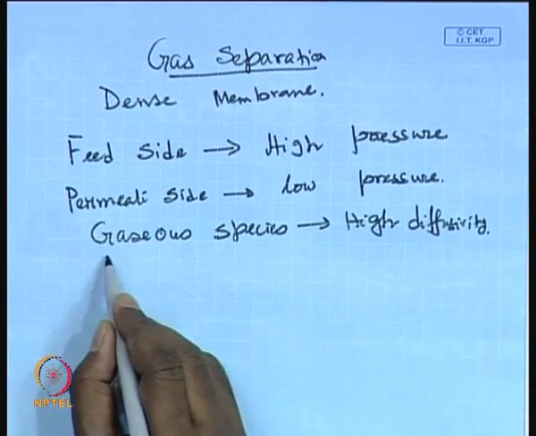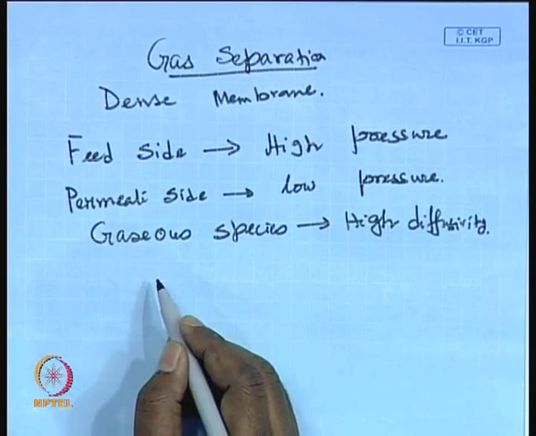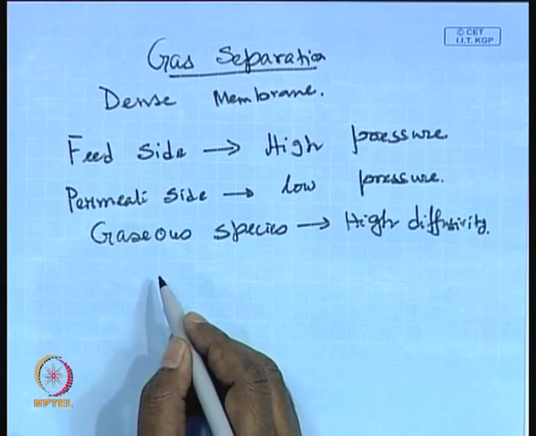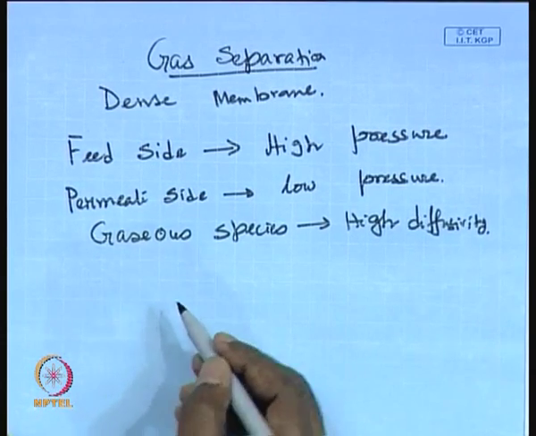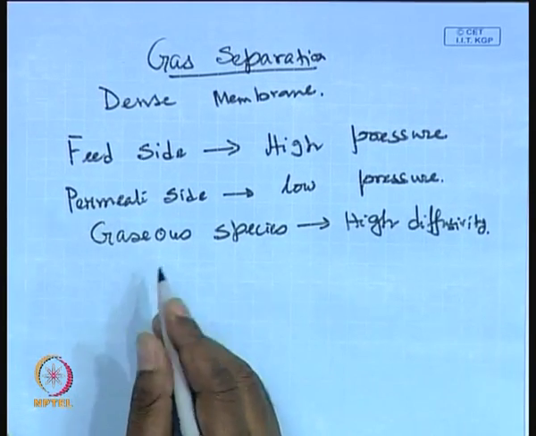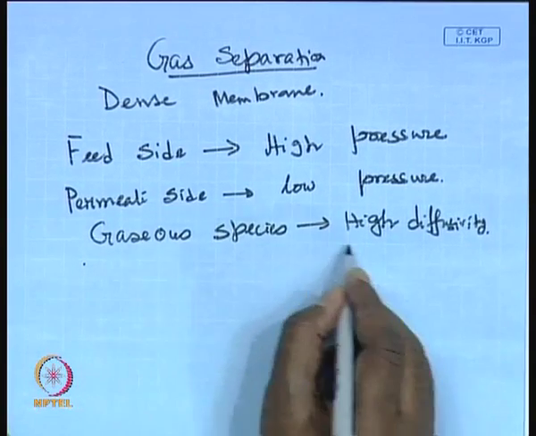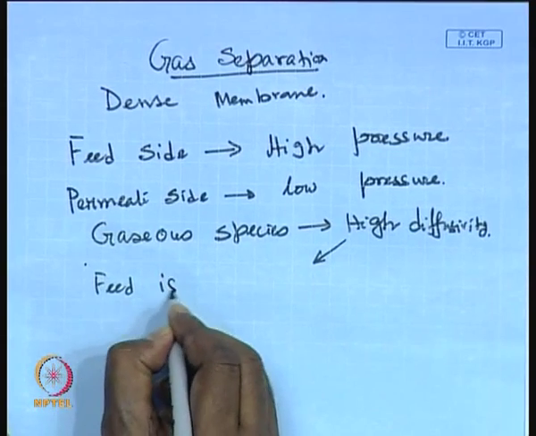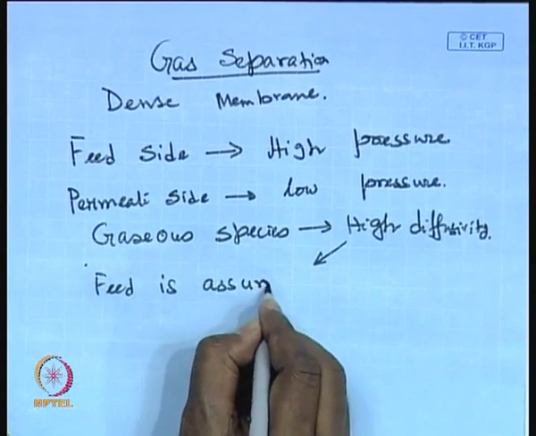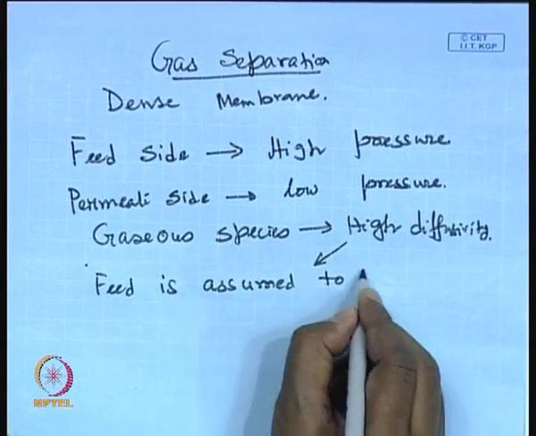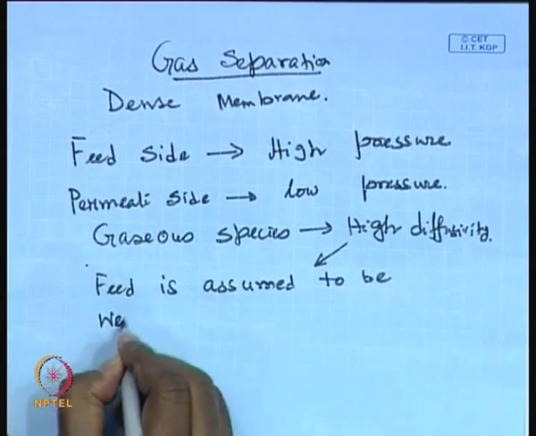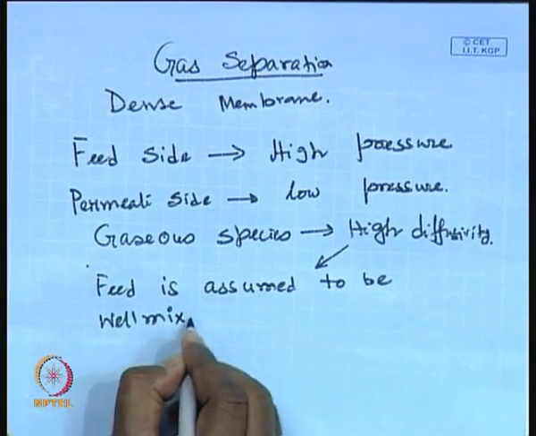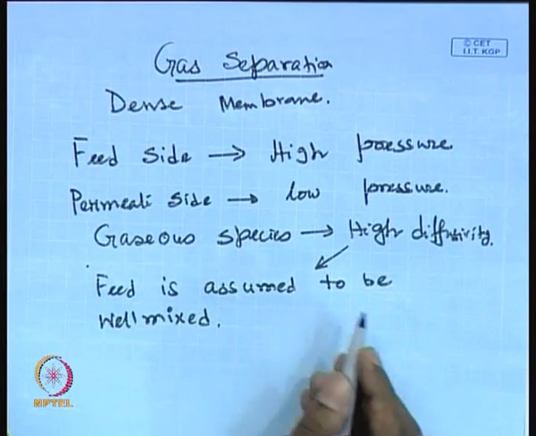That means, because of the diffusivity there is less probability of formation of a boundary layer in the feed side or in the permeate side. So, because of the high diffusivity of the species, the feed is assumed to be well mixed.